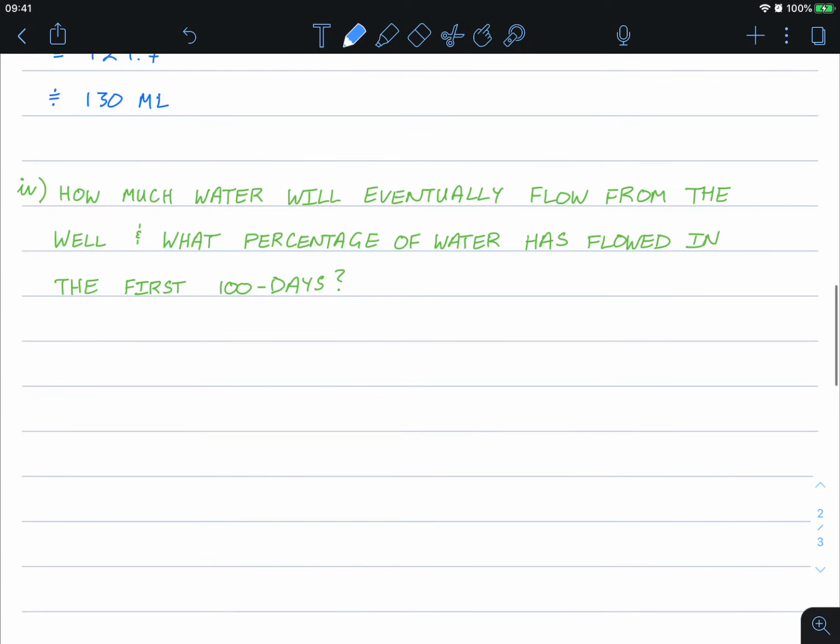How much water will eventually flow from the well, and what percentage of water has flowed in the first 100 days? Going back to this concept of eventually, this means what happens if t approaches infinity, V approaches what value?